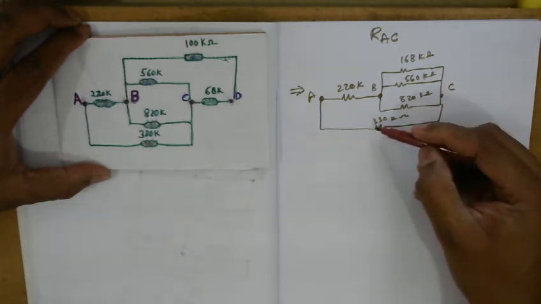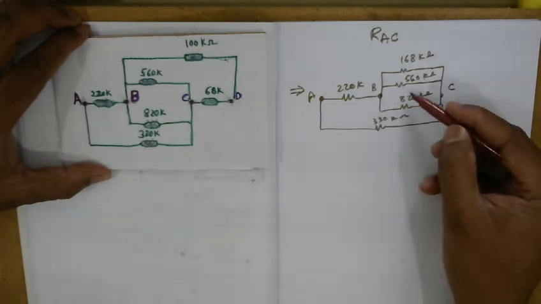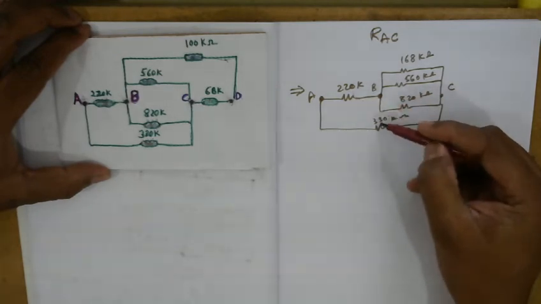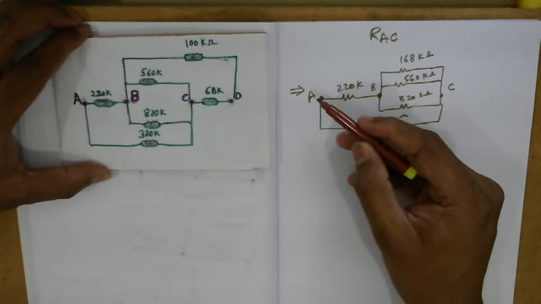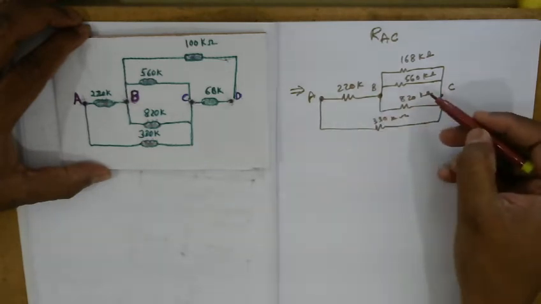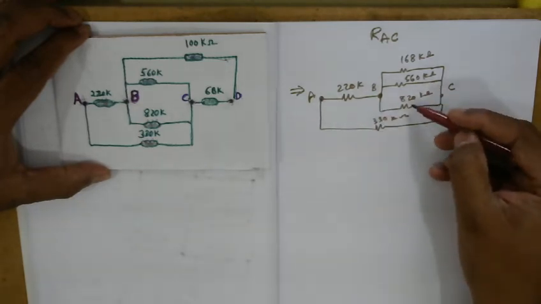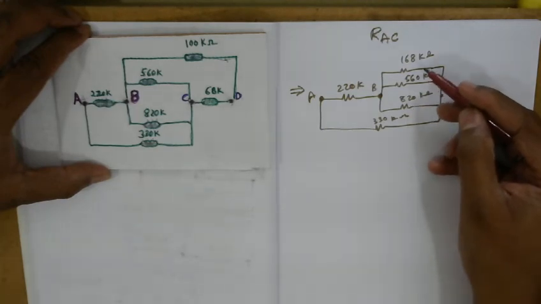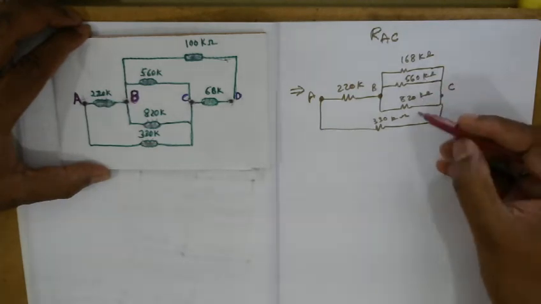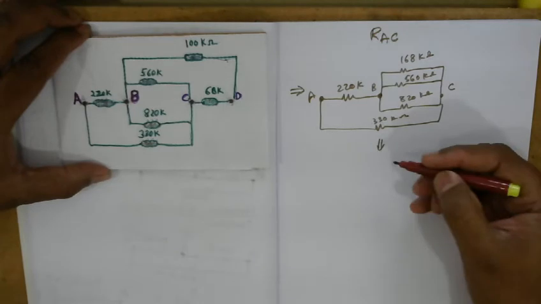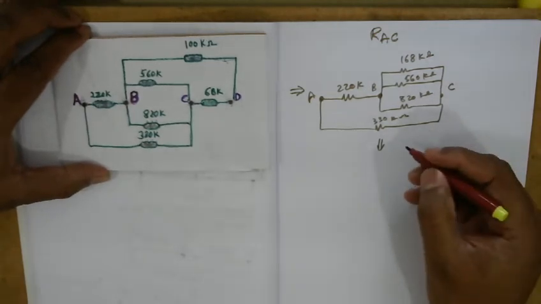330 is not in parallel with this. These three are in parallel, then they are in series with this, and then there is a parallel connection with this. Again, our interest is RAC, between A and C. So how do we calculate the parallel of all three? We can do parallel of two, and then in turn parallel of the other. Of course there is a direct formula, but let's do it step by step.